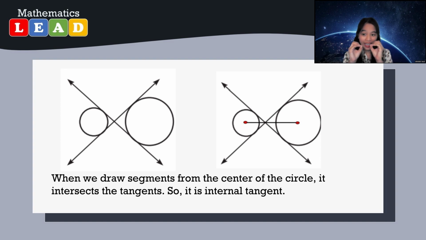And if you draw a line that connects the centers of these two circles and it intersects the common tangent, then that is an internal tangent. But if it does not intersect with the tangent, then it is an external tangent. Clear? Give me a thumbs up there.